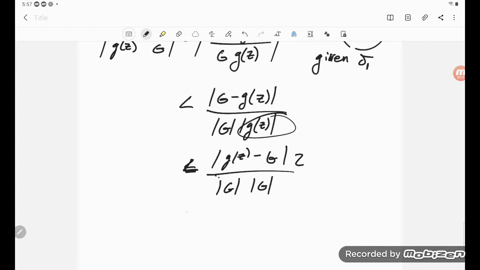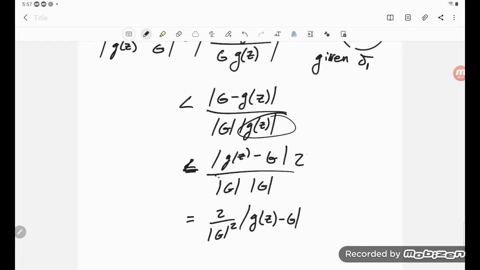And so now what I have is this is 2 over the absolute value of big G squared. And there I have my g of z minus big G.